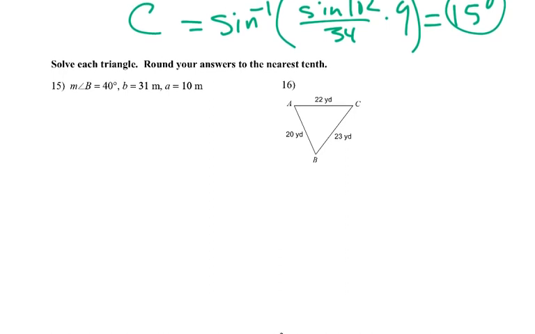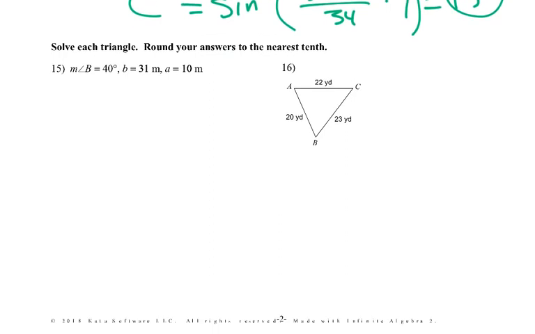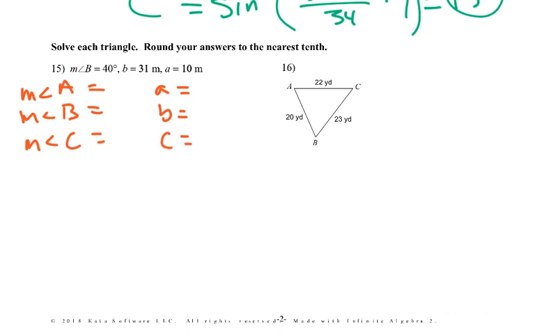Now, let's look at 15. It says, solve the triangle. When we talk about solving a triangle, it means we find every single angle and every single side. Okay, well, we know angle B is 40 degrees, side B is 31, side A is 10, and that's all we know.